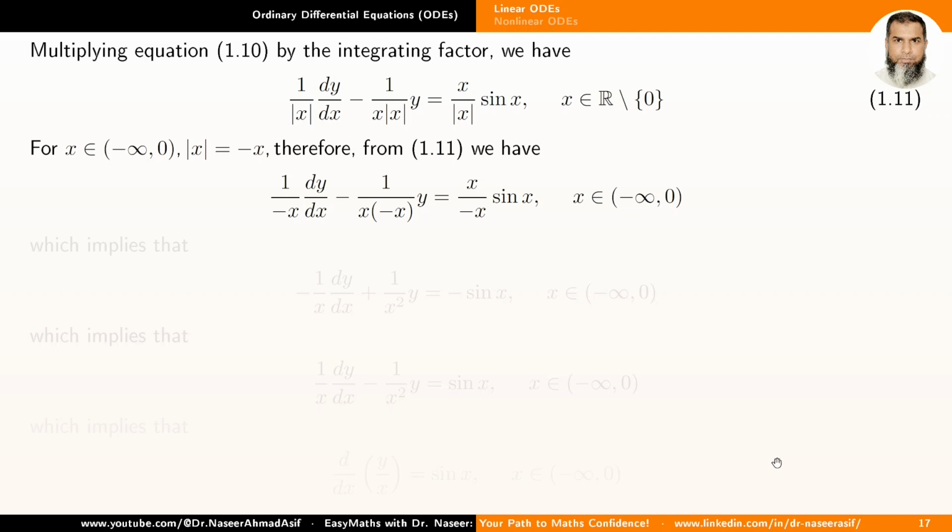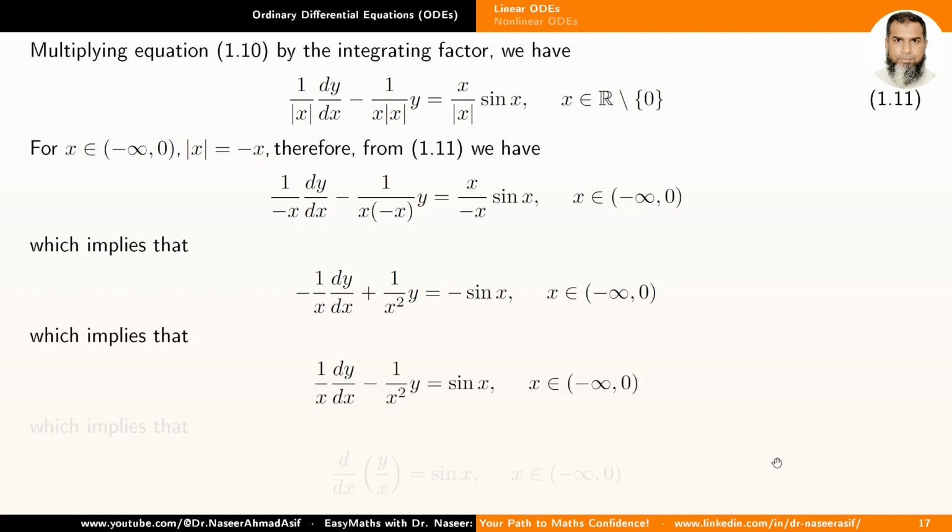Therefore from equation 1.11 we have 1 over -x dy/dx minus 1/x into -x y is equal to x over -x sin x, where x belongs to the open interval minus infinity to 0. So we have -1/x dy/dx plus 1/x² y is equal to -sin x, where x belongs to the open interval minus infinity to 0. So we have 1/x dy/dx minus 1/x² y is equal to sin x, where x belongs to the open interval minus infinity to 0.